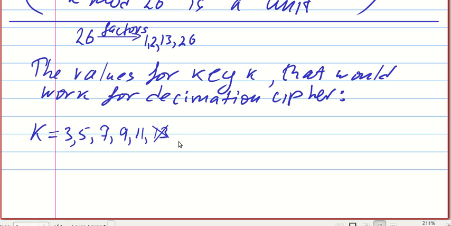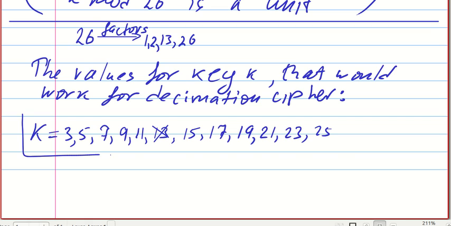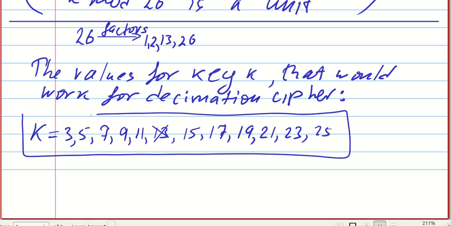So 13 we cannot use. 15 is fine, 17 is fine, 19, 21, 23, and 25. That's all that would work for the decimation cipher. You see, number 4 is not in this list. So this is the list of keys that would work.